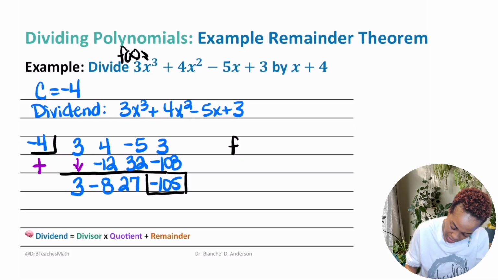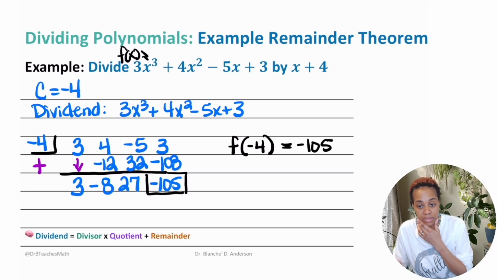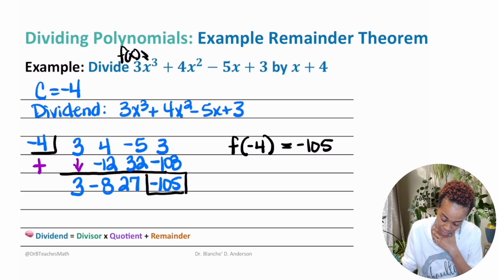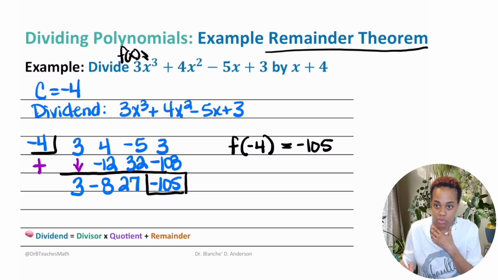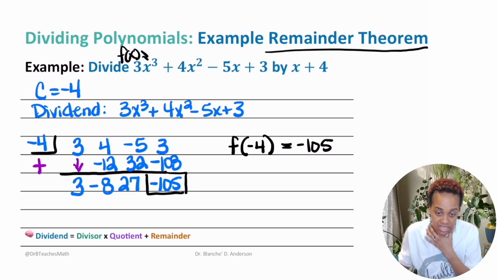This means f of x evaluated at -4 is equal to -105. That's what it means, based on the remainder theorem. If I take the c value and plug it into my polynomial, the answer I should get is -105. Do we want to see that happen?